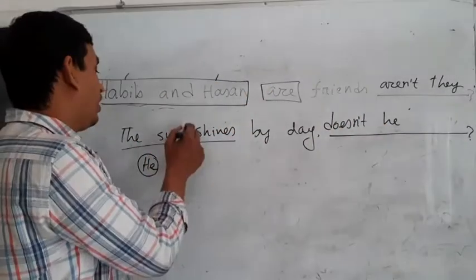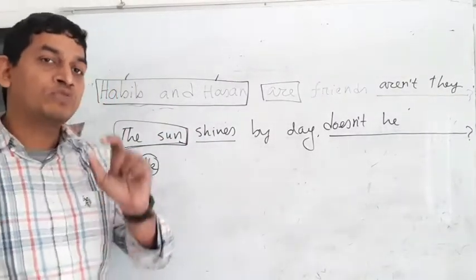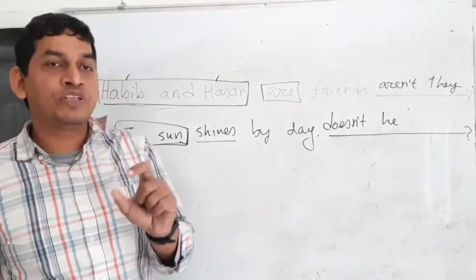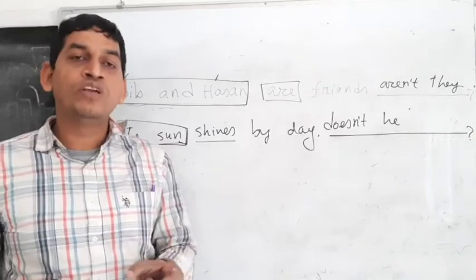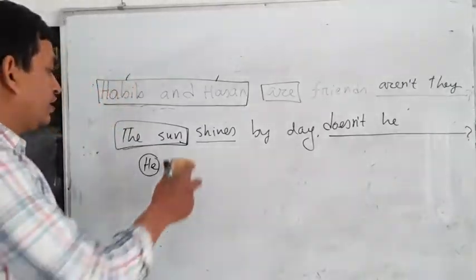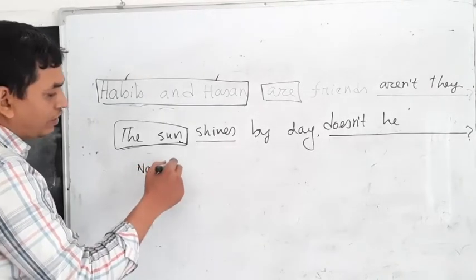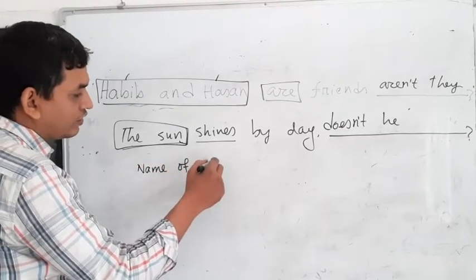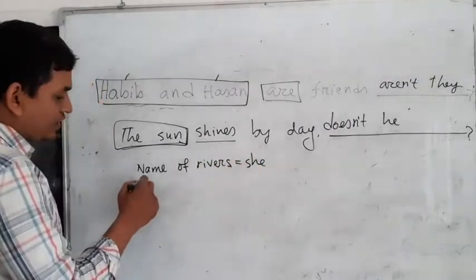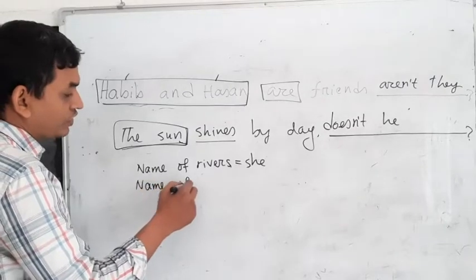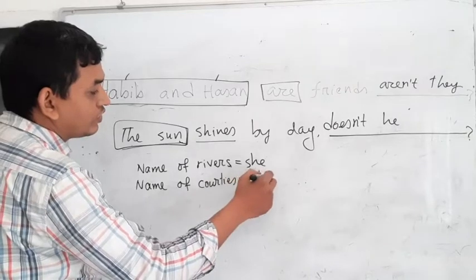Sun is not actually a normal subject. If there is sun, we must write he. If the subject is moon, we must write she. If there is the name of any river or any country, we must write she. The names of rivers equal she. Names of countries, she.